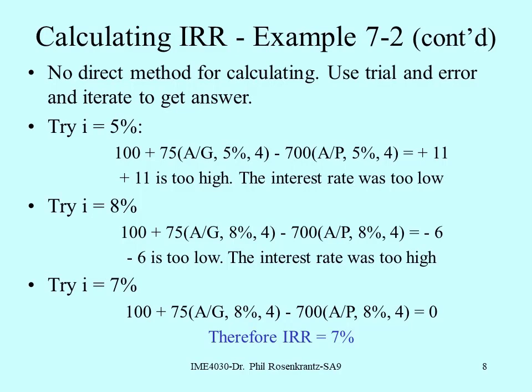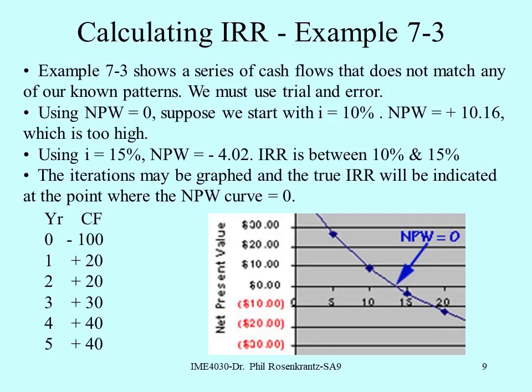Let's go to slide number 9, and we're going to look at another example, but this time we're not going to be so lucky with getting an exact interest rate. In example 7-3, we have a series of cash flows that don't match any of our known patterns, not a uniform series or a gradient.